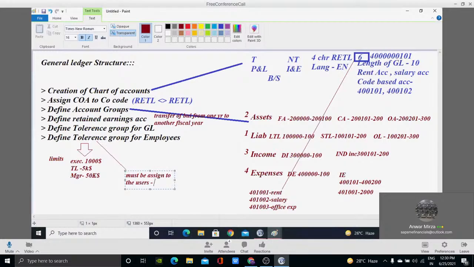Now who is the user? SAP user. Like I have login through user ID 304 or 305, or my user ID for SAP is Anwar@Siemens. Okay. Now that means when I log in as Anwar@Siemens, then I'll be given an authority to work on $5,000 or $50,000. Right?